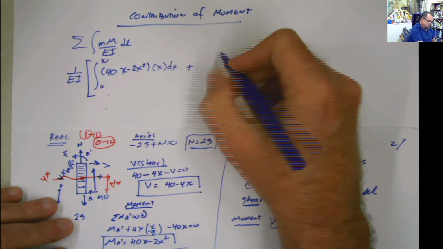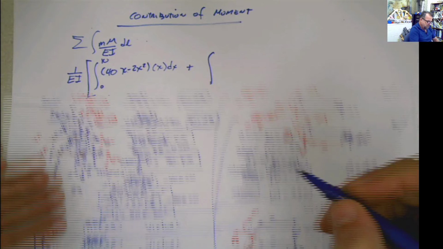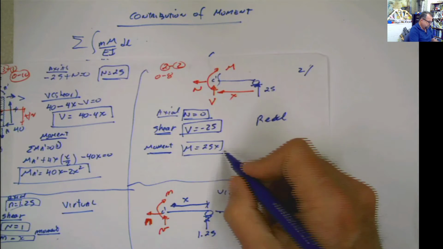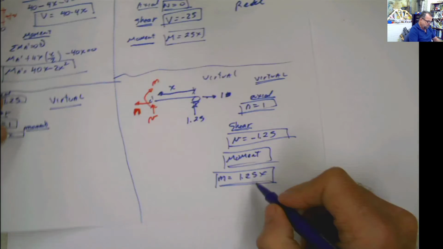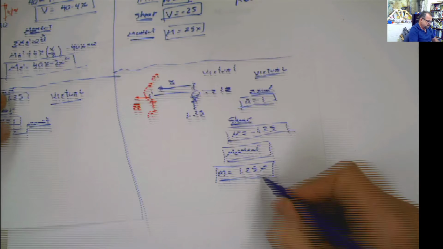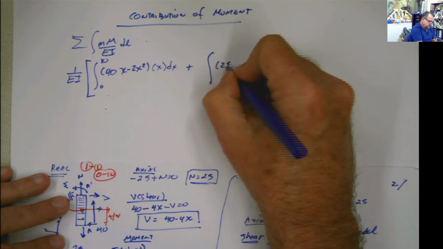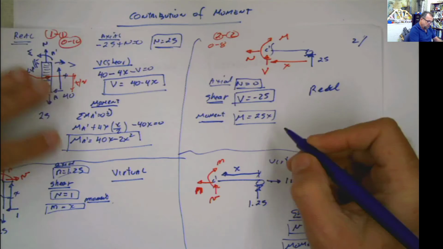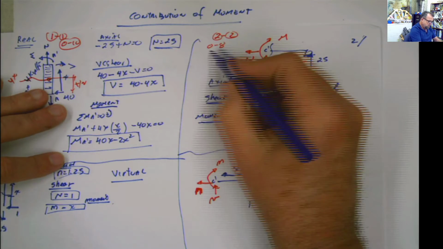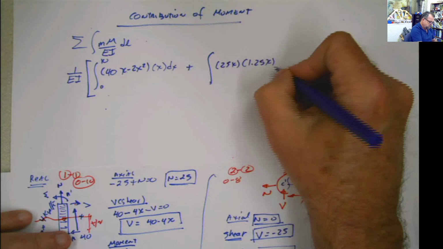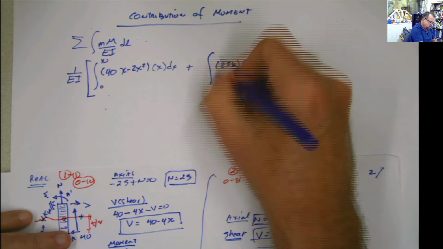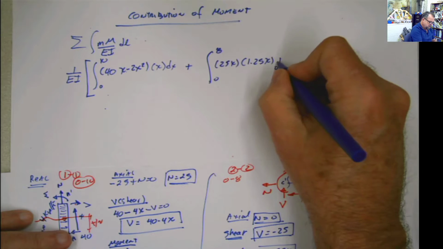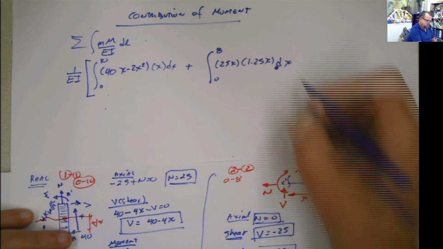Now plus the integral of, now the second part, moment 25x, moment 1.25x, 25x times 1.25x, from 0 to 8, dx.